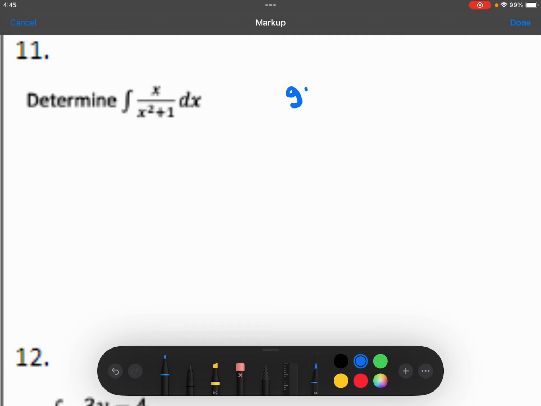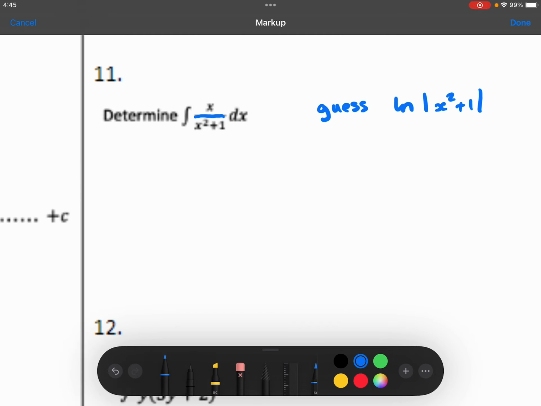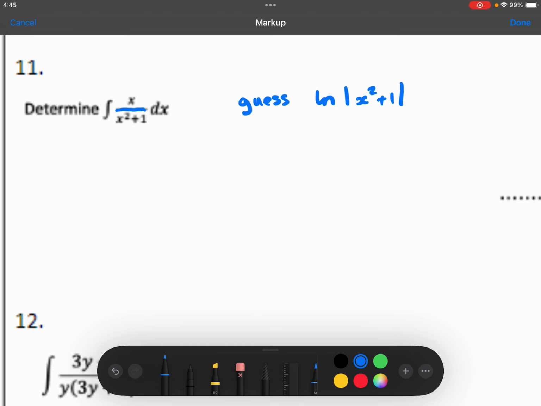I'm going to guess that the integral of a fraction like this will be ln of x squared plus 1. Let's check that and see, does that differentiate to give me the original integral?